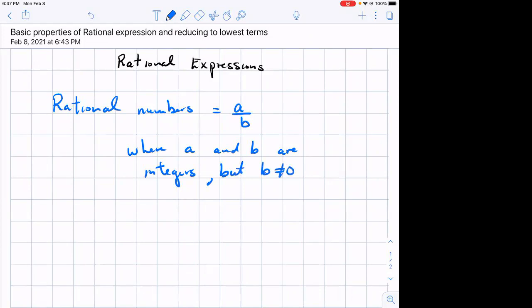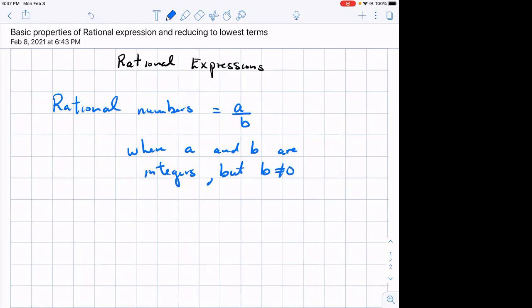We said that a rational number is something that's written as A over B, some sort of a ratio, where A and B are integers, but B cannot be equal to 0, okay?